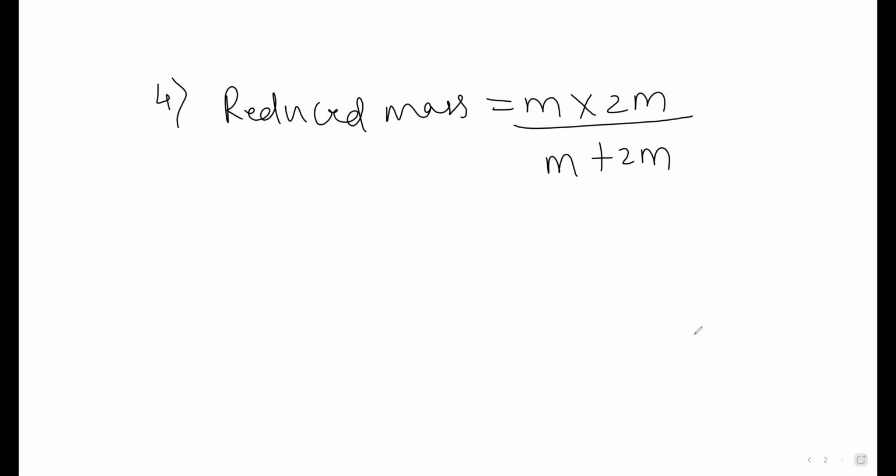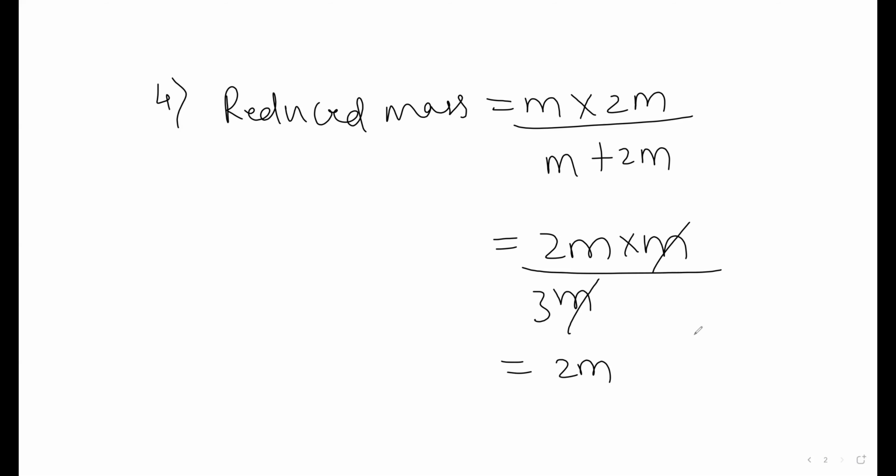If we simplify this, 2 into m becomes 2m square, so we can write that as 2m square. Below, m plus 2m, if you add that, becomes 3m. So m gets cancelled. Remaining, we are getting 2m divided by 3. So the reduced mass we get as 2m by 3.